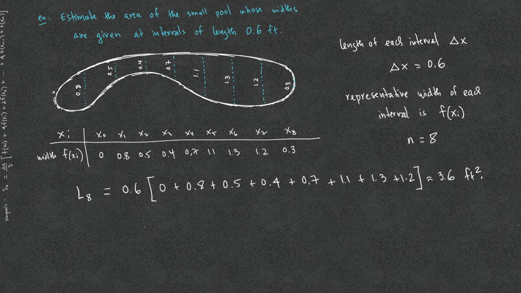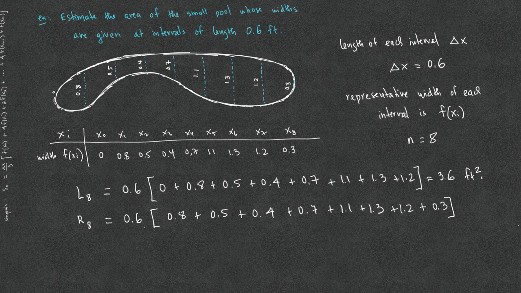For the right sum, R sub 8, delta x is 0.6 times the sum of the functional values at the right endpoints, so we will start at 0.8 plus 0.5 plus 0.4 all the way to the last right endpoint, which is 0.3. This is approximately 3.78.